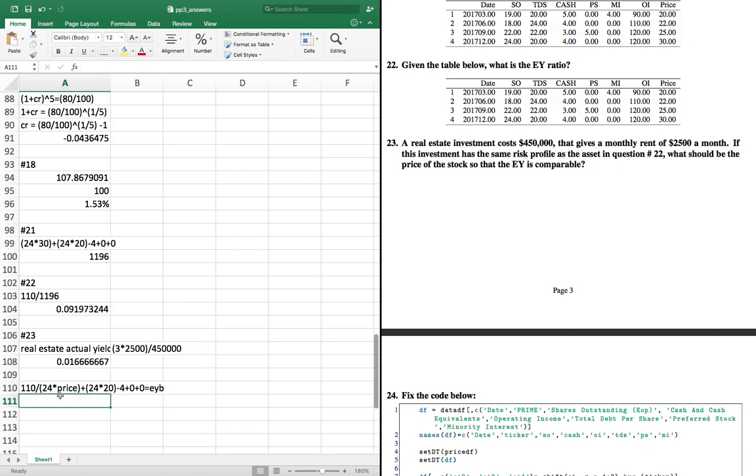So this becomes 110 divided by my benchmark earnings yield, which is again 1.67%. And on this side, it'll have this part of the equation again. I'm going to get rid of the zeros, and let me stick my price in there for 30 again. That's my variable I'm solving for.